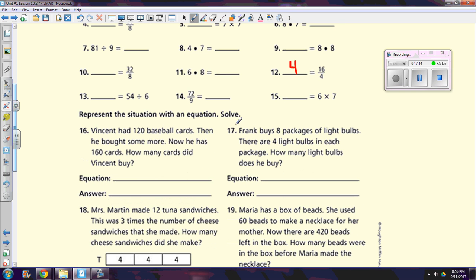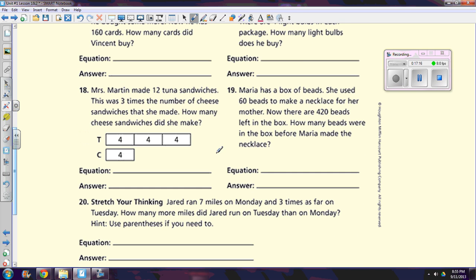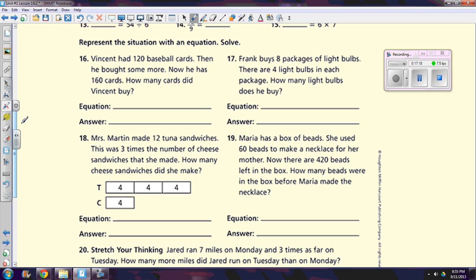Down below for 16, 17, 18, 19, and 20, they again want you to write out your equation. And let's look at number 16. Vincent had 120 baseball cards, then he bought some more. Now he has 160. How many cards did Vincent buy? So, if you're going to write the equation, you have 120 baseball cards. Then he bought some more.